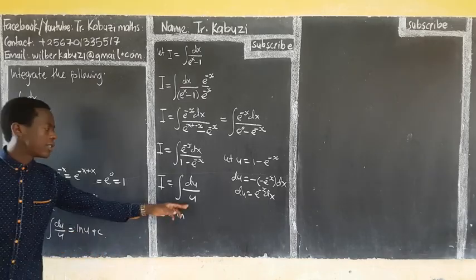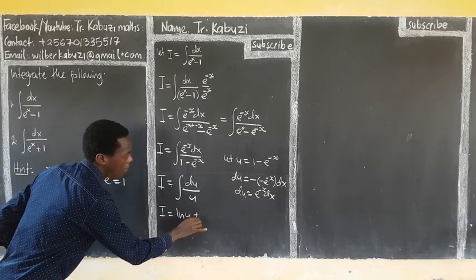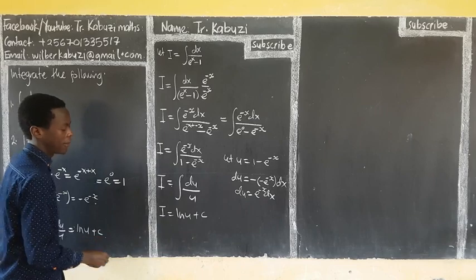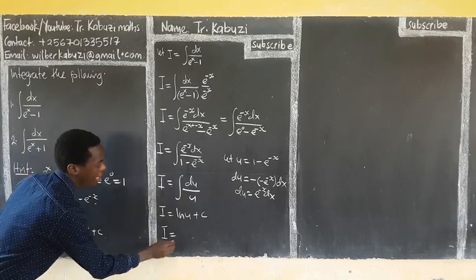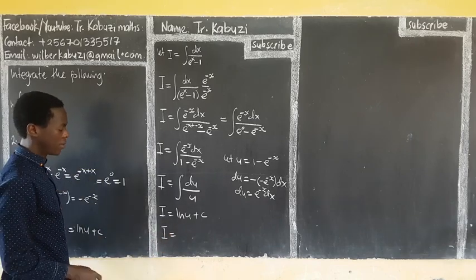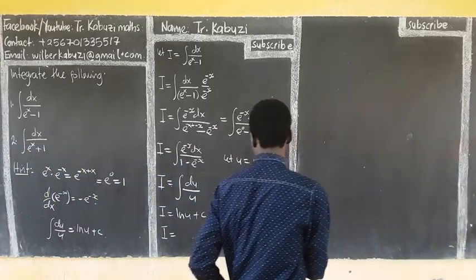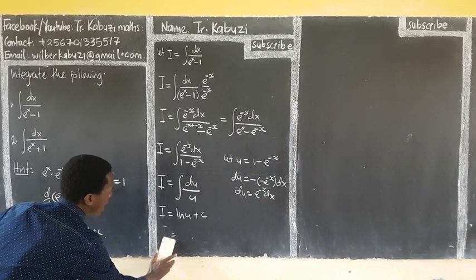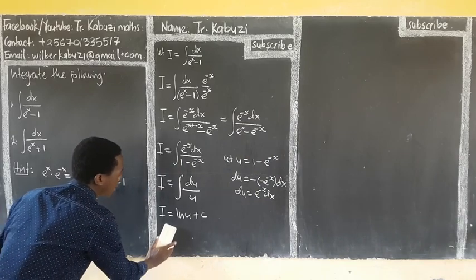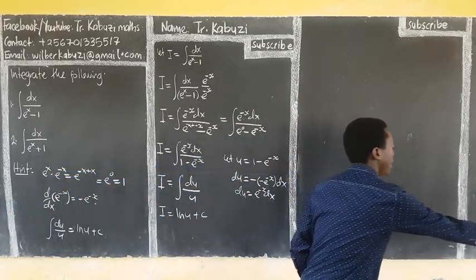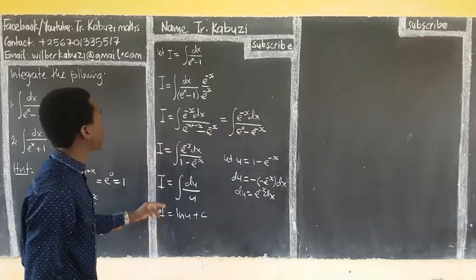This is a linear function. Natural log of u plus the constant of integration. But now I'm introducing the original function, which was our I.